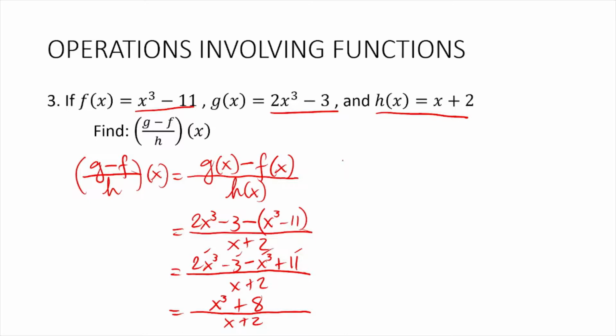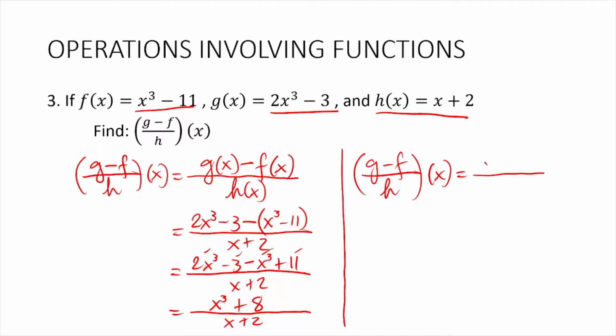Then let me transfer the solution here. So again, we have, let me rewrite g minus f over h of x. And then we have here, from the last line, x cubed plus 8 divided by x plus 2.